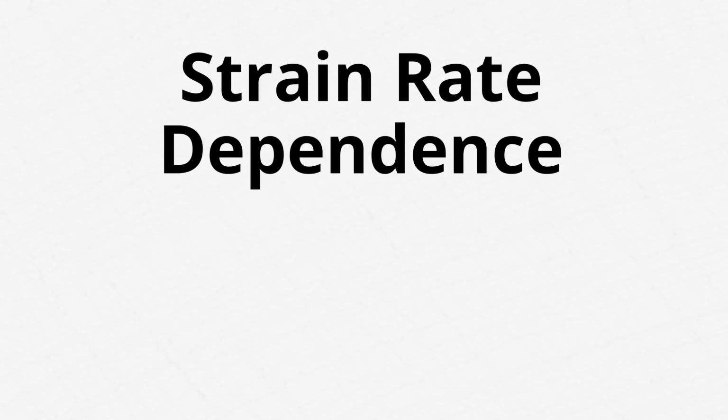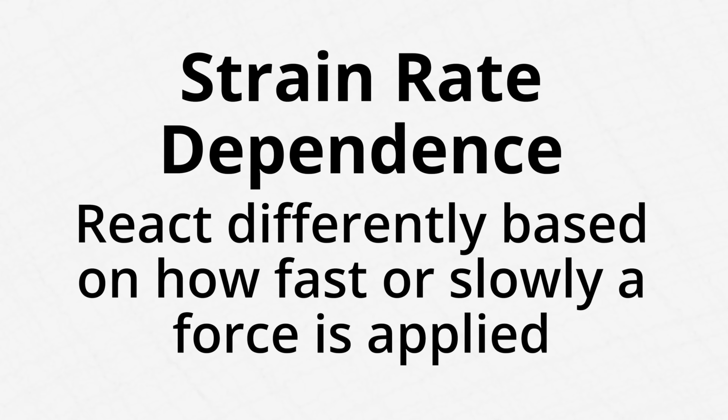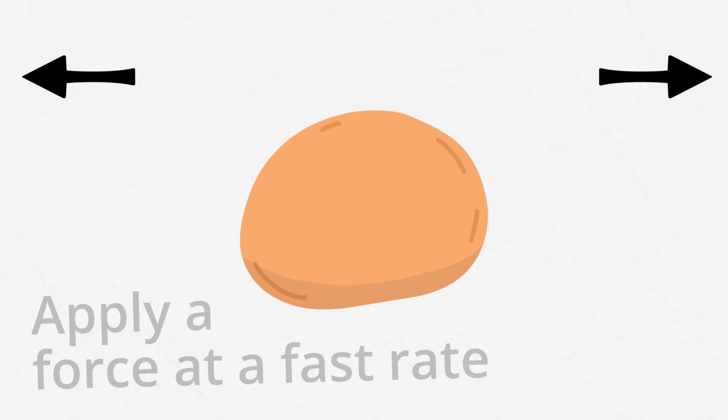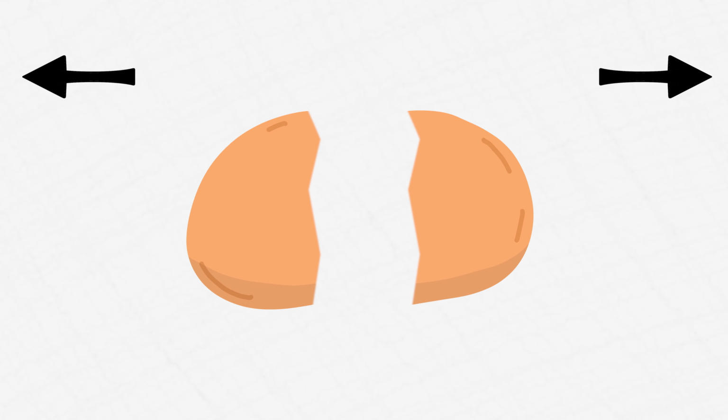Viscoelastic materials have strain rate dependence, meaning they react differently to forces depending on how fast or slowly those forces are applied. Let's think back to the silly putty. When we pull on the silly putty quickly, or apply a force at a fast rate, the silly putty acts like an elastic solid that's reached its ultimate tensile strength and breaks.